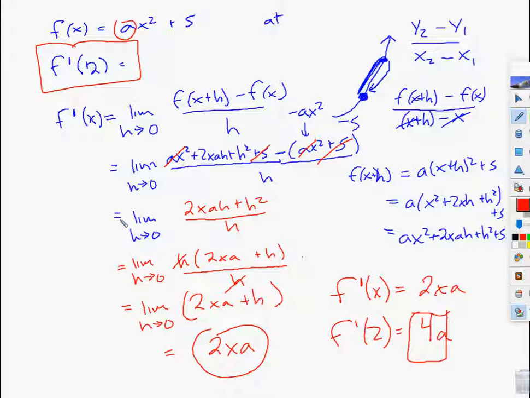Any questions on this? All right, I want you to get your calculator handy. Get to regular mode. And make sure you're in degrees, because we'll do this in degrees.